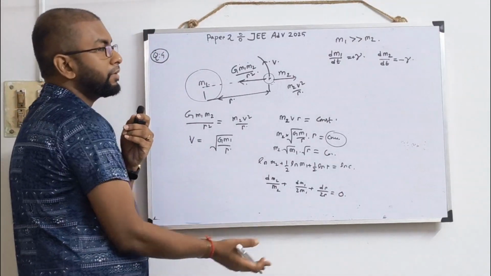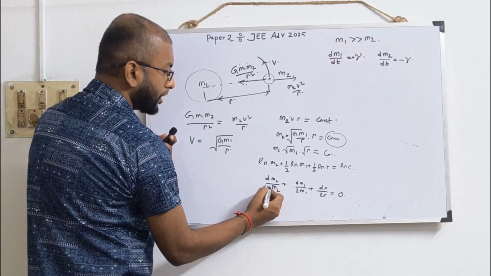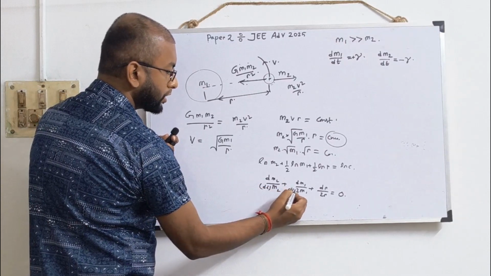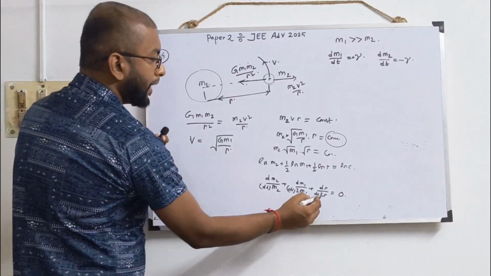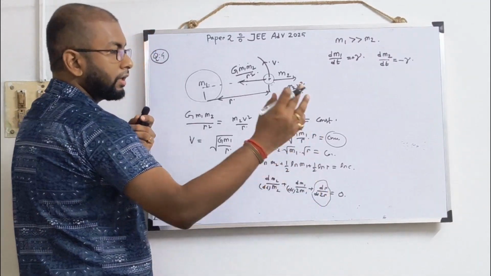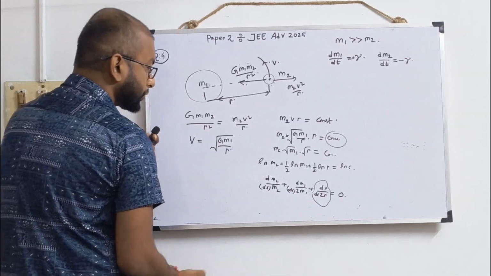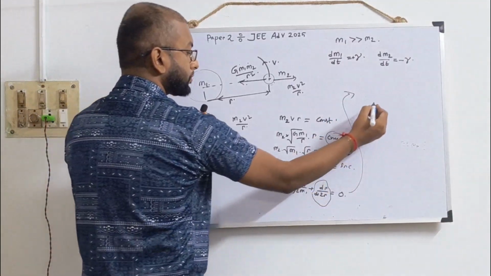Now if I divide each and every term by a small time dt, I can do that. So see, I am getting dr/dt into 1 by r term. So what is that term? Let us express it in terms of other terms.